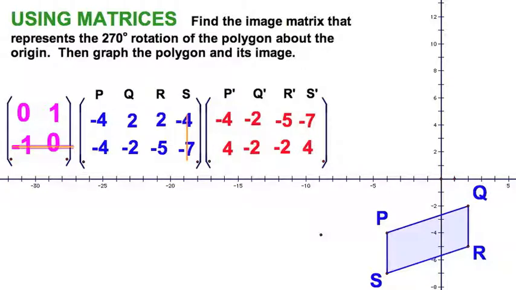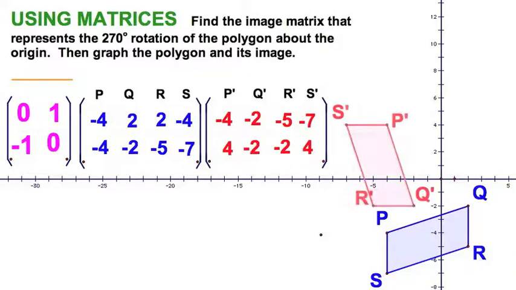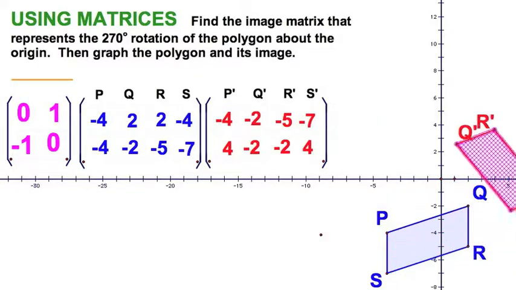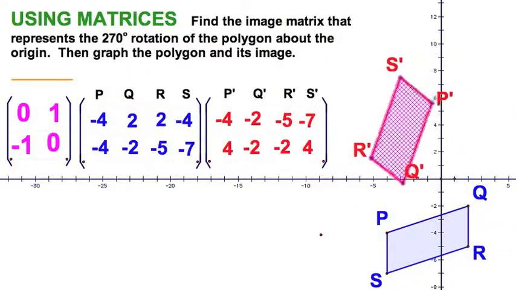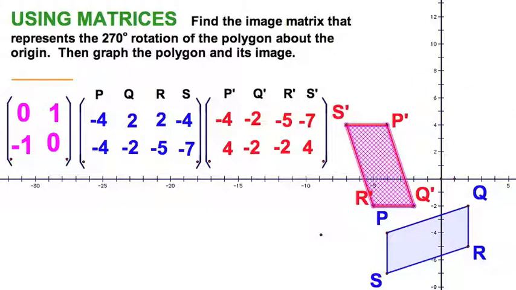So there you have it. We have yet another one of our marvelous matrix multiplications. And let's just graph this thing. I'll just put it right up there, and we can imagine it looked a lot like that. So there it is, 270 degrees rotated about the origin.